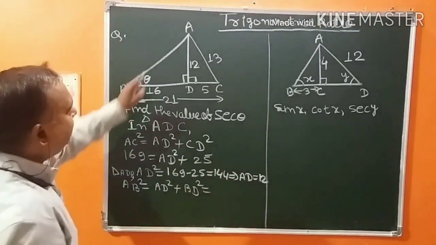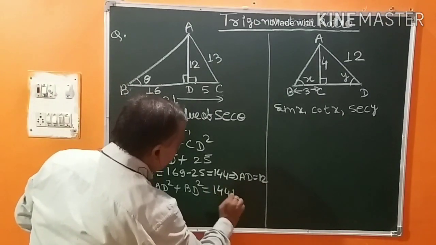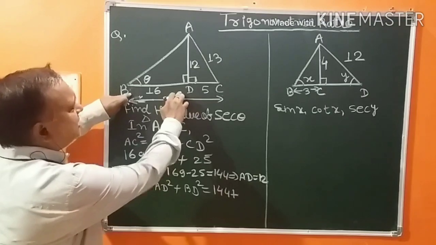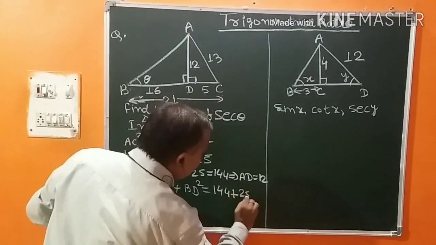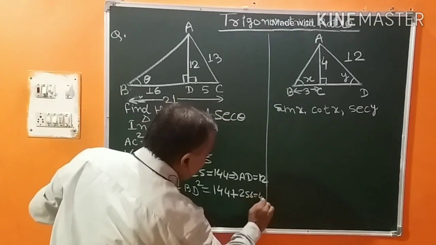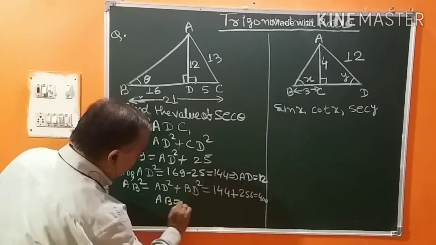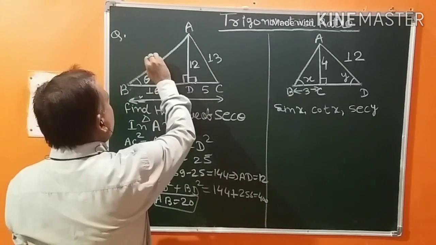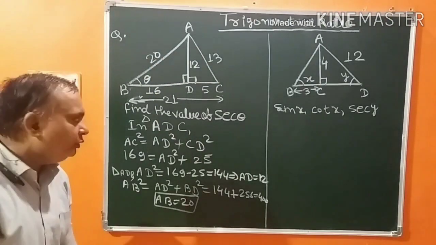Now the value of AD is 12, so 12 square is 144, plus the value of BD is 16, so 16 square is 256. Clear? When I add, that is 400, or AB is equal to 20. It is clear? What is the length AB? The length AB is 20 units.